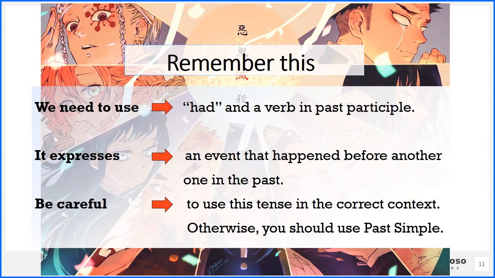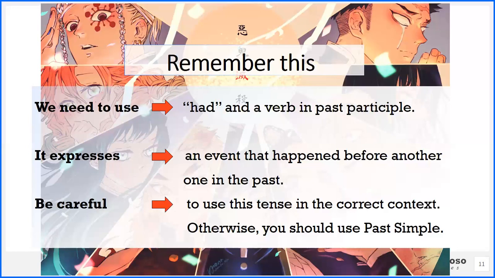Like we saw in the sentences that were single, the tense that we were using, which was past perfect, might not have been the most indicated one. We might want to use past simple if we're just throwing out a regular simple sentence. If we're adding more context to that sentence, then we might want to use past perfect if we want to express that something happened before another action.